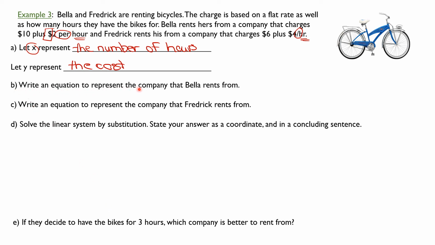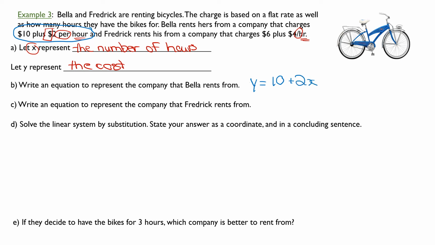Write an equation to represent the company that Bella rents from. Okay, let's put Bella's equation in blue. Blue for Bella. Her cost is going to equal, so she's paying a flat rate of $10, and then she pays $2 per hour. So she's paying $10, that's a flat rate, that's a constant, plus... so I'm just taking this and changing it into math, plus $2 per hour, and we used x for that.